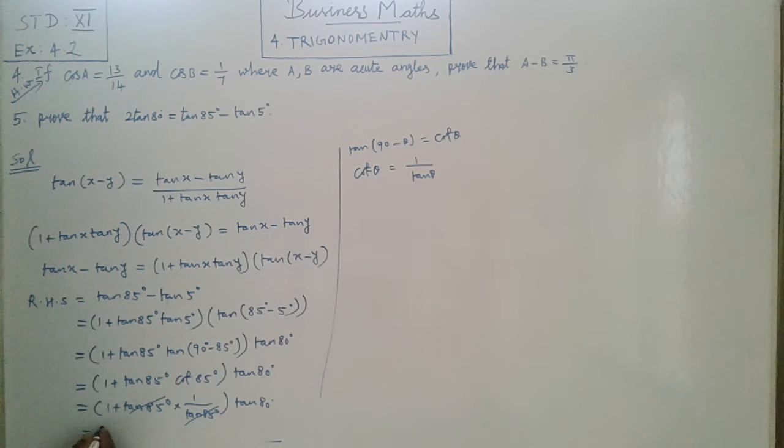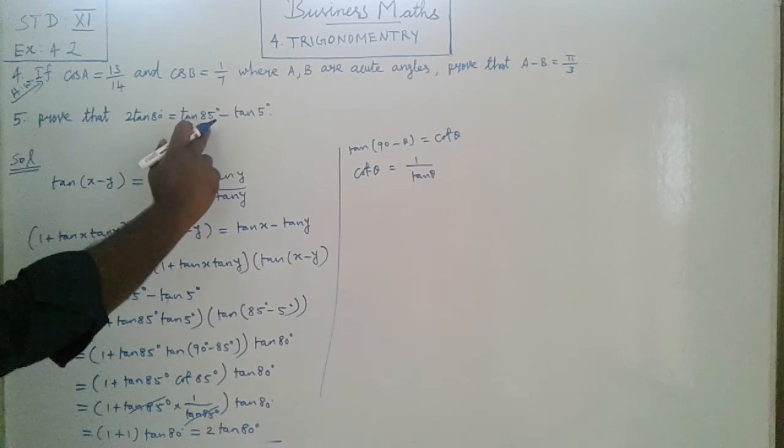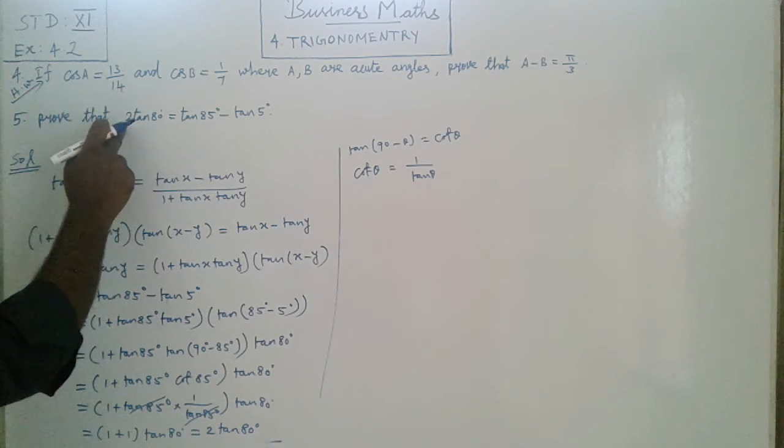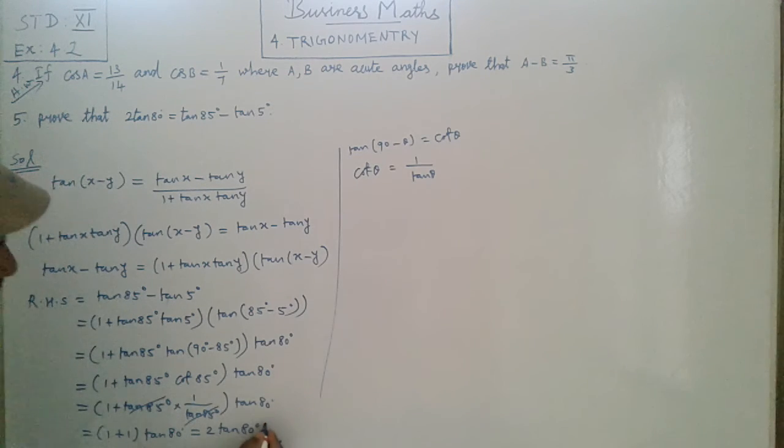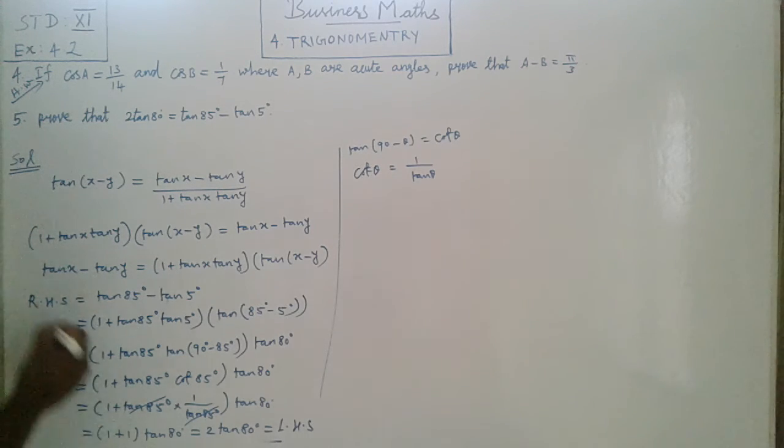So 1 plus 1 into tan 80 degree equal to 1 plus 1 is 2 tan 80 degree. RHS we take, let's prove this value is the LHS, 2 tan 80 degree. 2 tan 80 degree equal to LHS. LHS equal to RHS, hence proved. That's all.